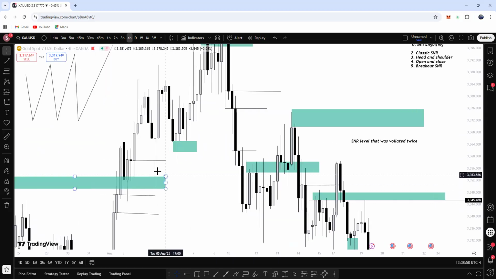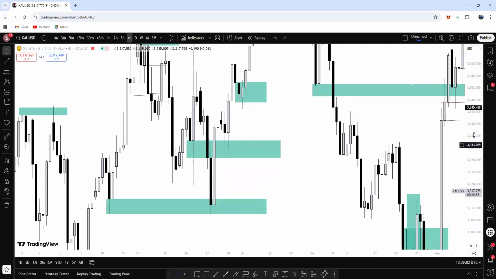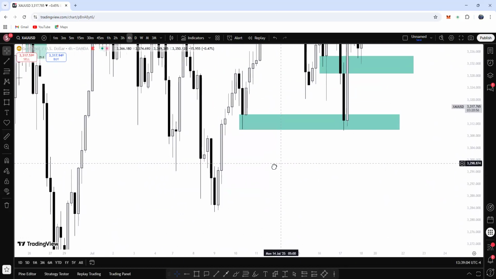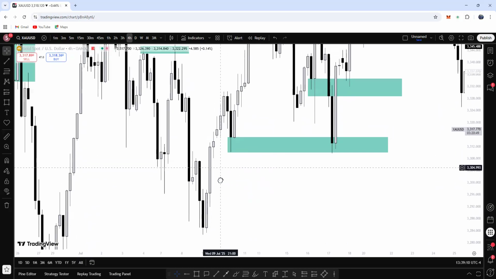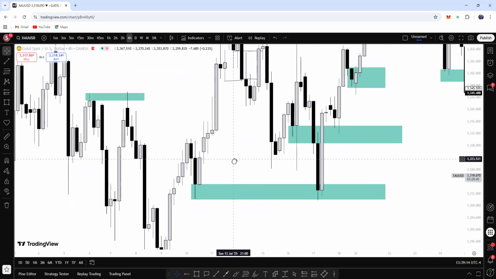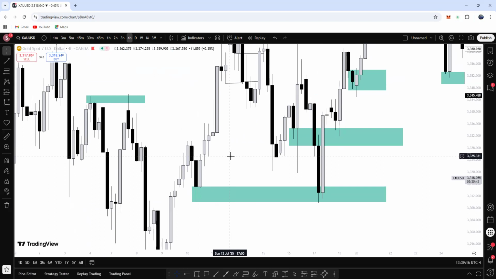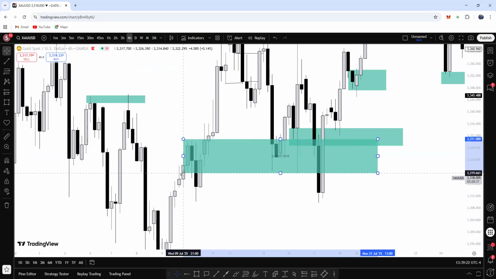Okay, let's start from the engulfing first. Let's look at this, guys. Here we have an engulfing.